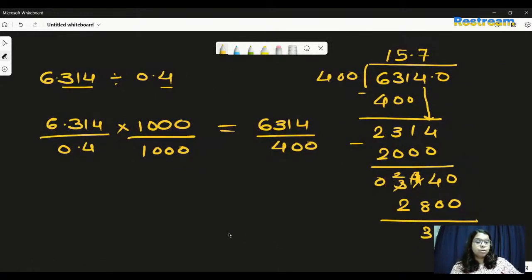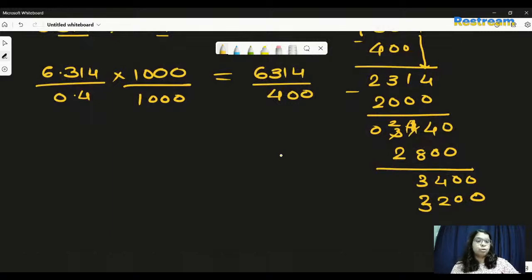We are again going to get a 0, which is going to give us times 8, which is 3200. And it is going to give us 200. I'm going to add another 0.